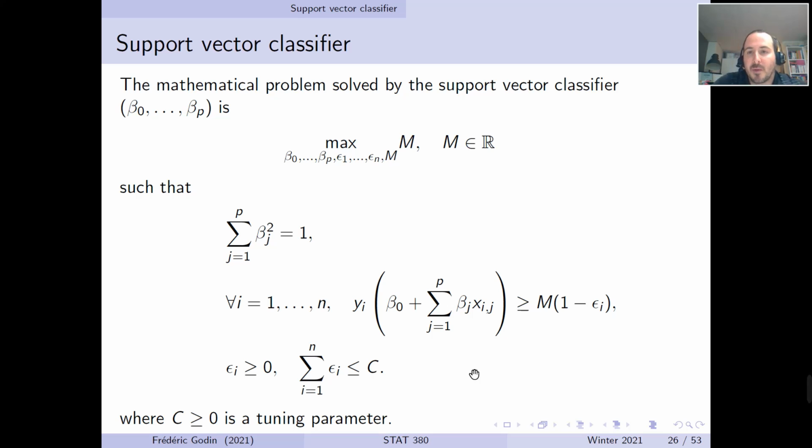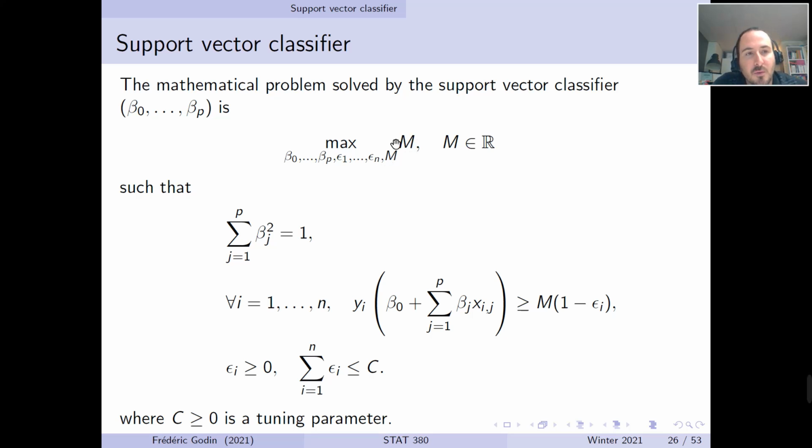Once again, we try to find a hyperplane characterized by beta 0 until beta p, and m being what we call the size of the margin, so basically the distance between the hyperplane and observations. Moreover, now we're going to introduce new variables, epsilon 1 until epsilon n, which are called slack variables and which will allow for violations of the margin we've identified earlier.